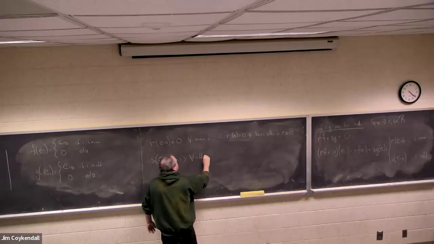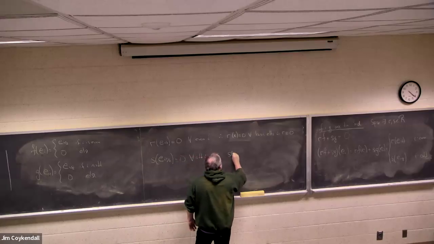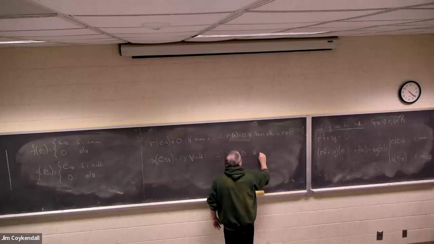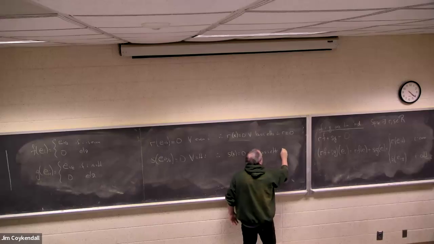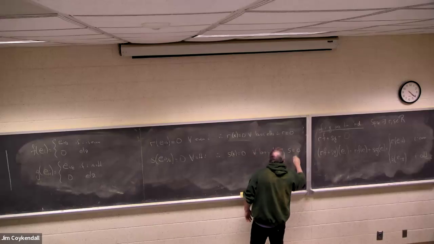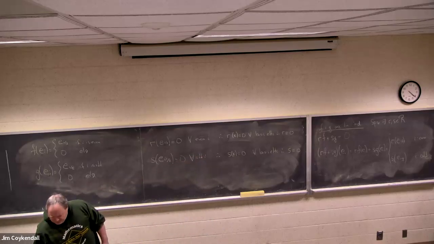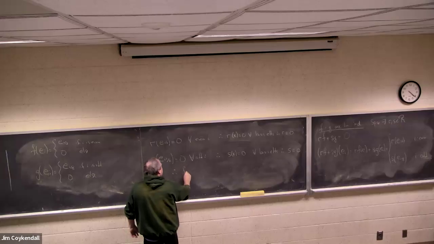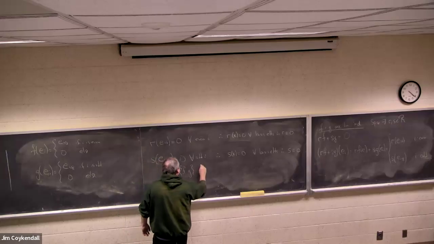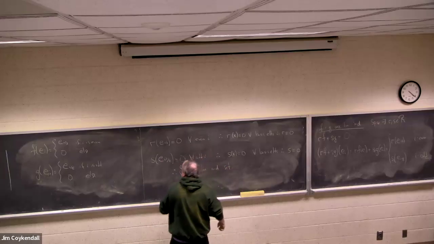Therefore, s of x is 0 for all basis elements. So s is identical to 0. And that shows us that we have linear independence. F, G is a linearly independent set. Fantastic.